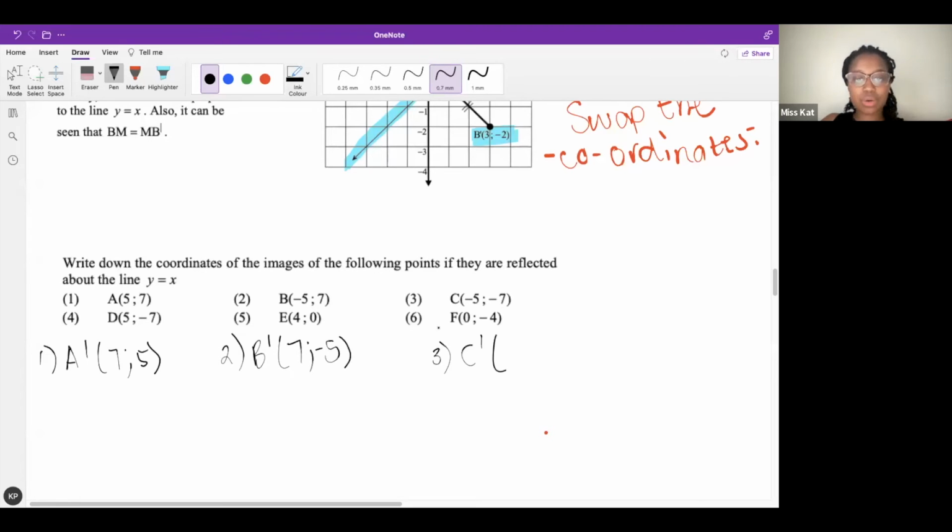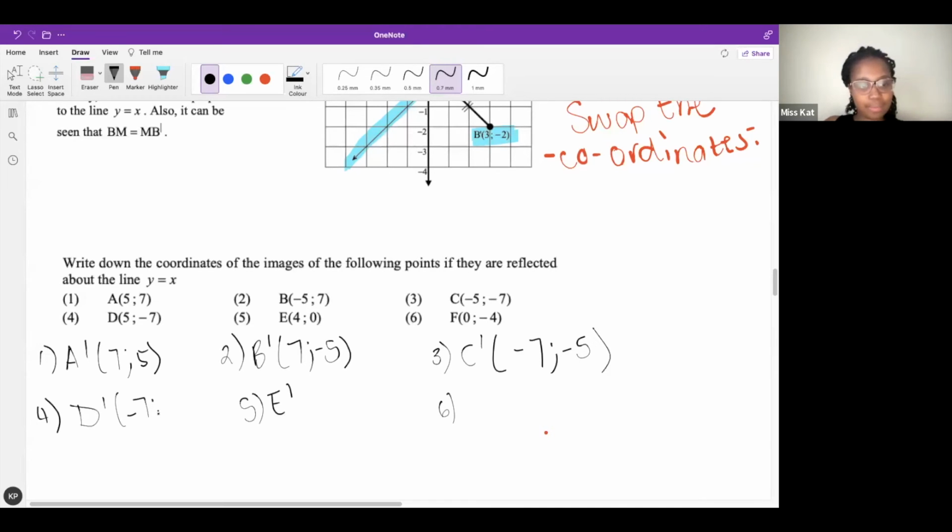There we go. And then number C. And then C is negative 7 and 2, negative 5. Okay. I feel very confident about this part. This looks very easy. It is. And then I'm loving it. B prime. It's negative 7 to 5.